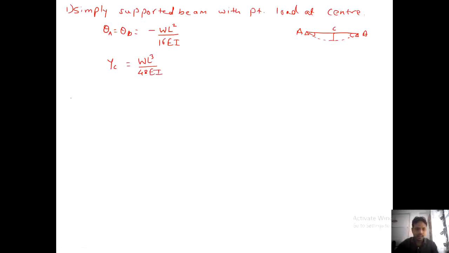Condition number 2: when the beam is a simply supported beam with eccentric loading.